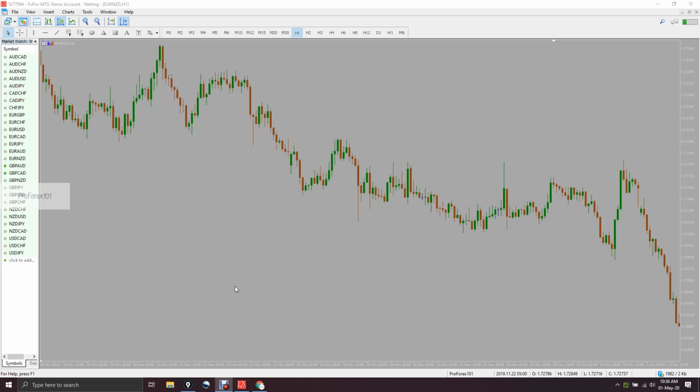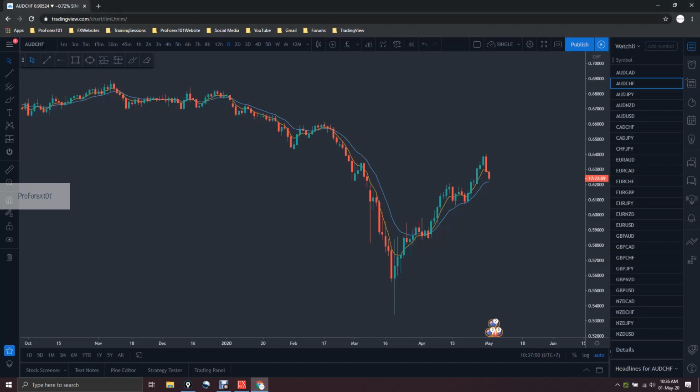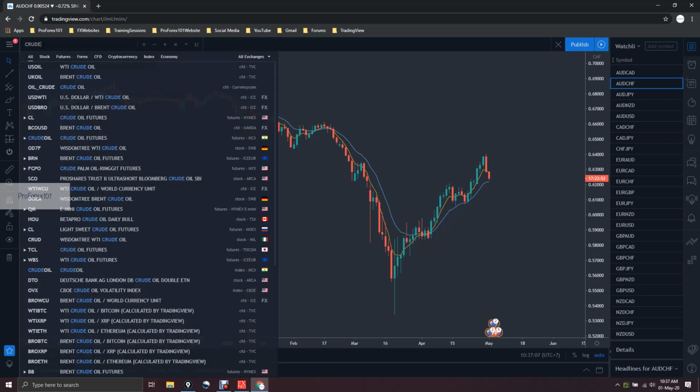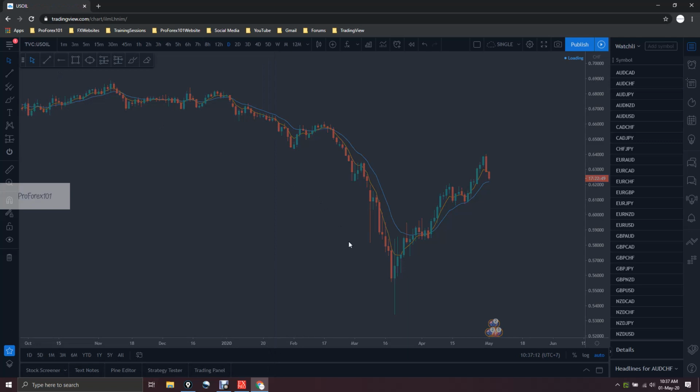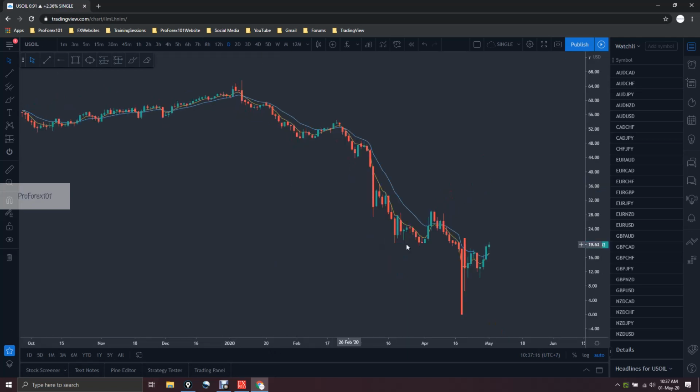So there was a surplus of oil and no demand for it. So the price fell. This was back in April. The price fell sharply for all crude oil stocks. We can have a look at US oil. So yeah, any drop in price is due to a lack of demand and a surplus in supply.